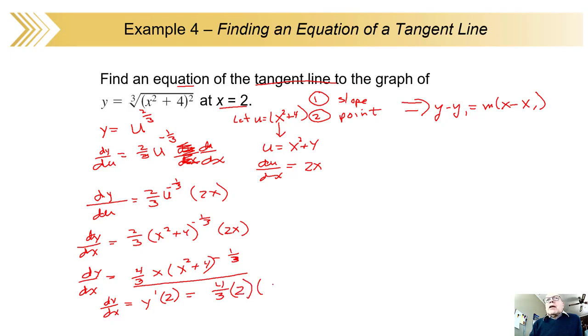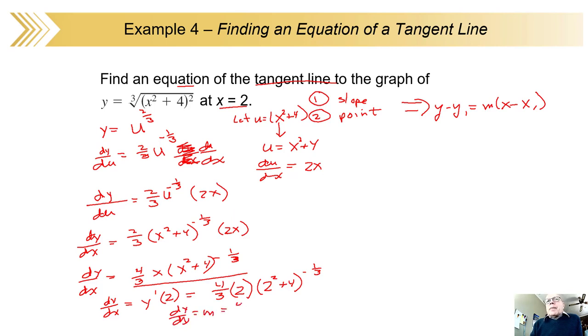That's the point. Inside, I've got x squared plus 4. X is 2, so 2 squared plus 4, and to the negative 1/3 power. What's that give me? It gives me dy/dx, and that's going to be our slope.